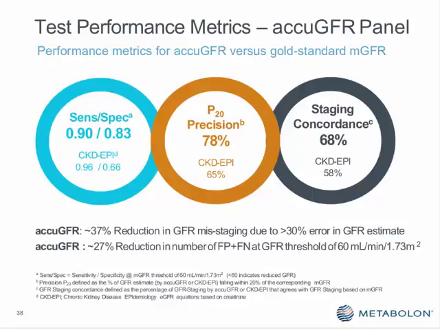And then finally, giving a little bit back on sensitivity, however, increasing specificity from 0.66 to 0.83. In addition, as I mentioned before, we do see a 37% reduction in GFR misstaging and a 27% reduction in the number of false positives and false negatives at that 60 GFR threshold.